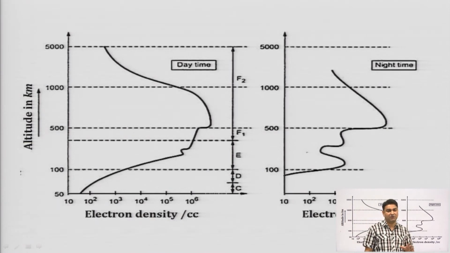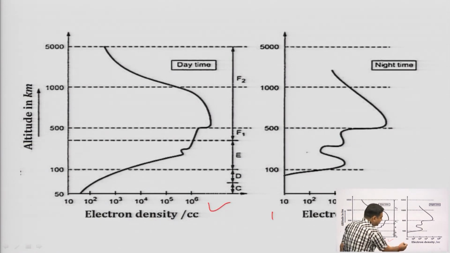It is very important, because electron density is the most important parameter responsible for sky wave propagation, for the reflection of sky waves coming into the ionospheric region and getting reflected back to the earth. In this diagram, first of all, one is for the daytime and the other is for the night time.